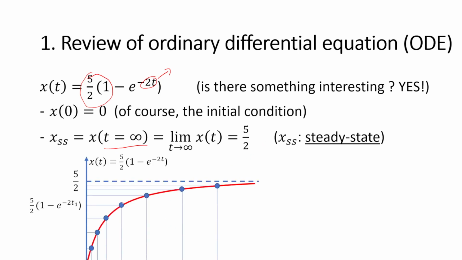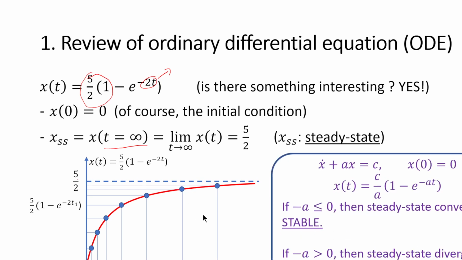And here is the graph of this function. It starts from 0, and when t goes to infinity, the curve just approaches a constant, which is the particular solution. Another interesting part is checking the behavior of the solution. If you have an exponential like this, you check whether it's stable, I mean it converges, or it diverges.